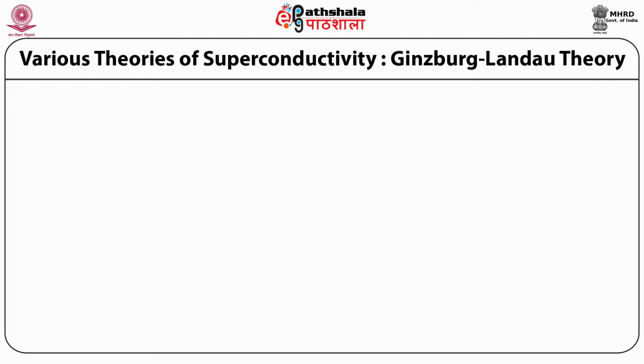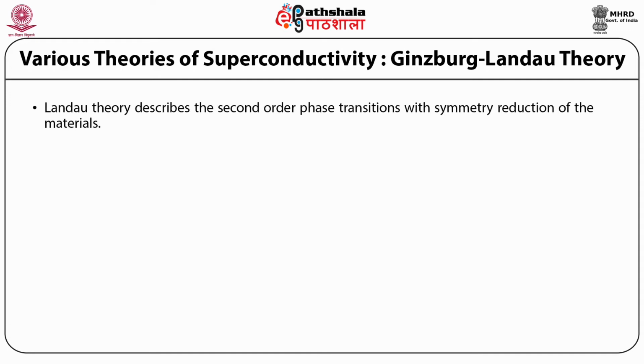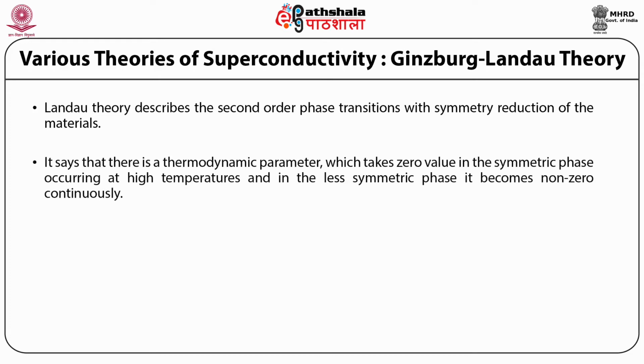Another phenomenological theory is the Ginzburg-Landau theory. Landau theory describes the second order phase transitions with symmetry reduction of the materials. It says that there is a thermodynamic parameter which takes zero value in the symmetric phase, which occurs at high temperatures, and in the less symmetric phase it becomes non-zero continuously.